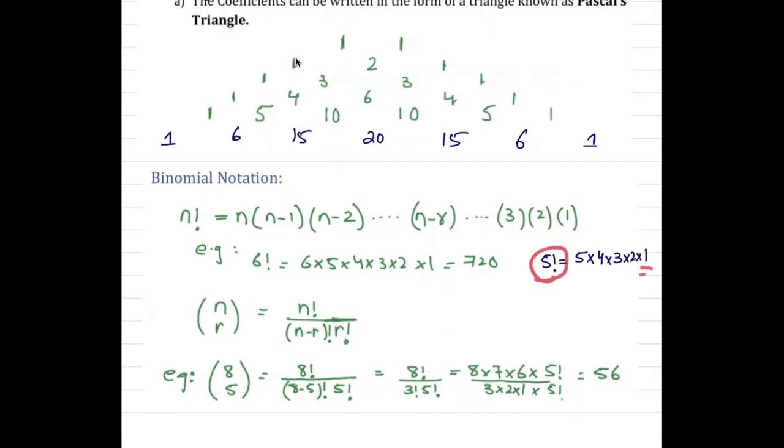So 5 factorial is simply the product of 5 times 4 times 3 times 2 times 1. 6 factorial is simply 6 multiplied by 5 multiplied by 4 times 3 times 2 times 1. So n factorial simply means n multiplied by a value that is 1 less than n, multiplied by n minus 2, and so on till you get 1.